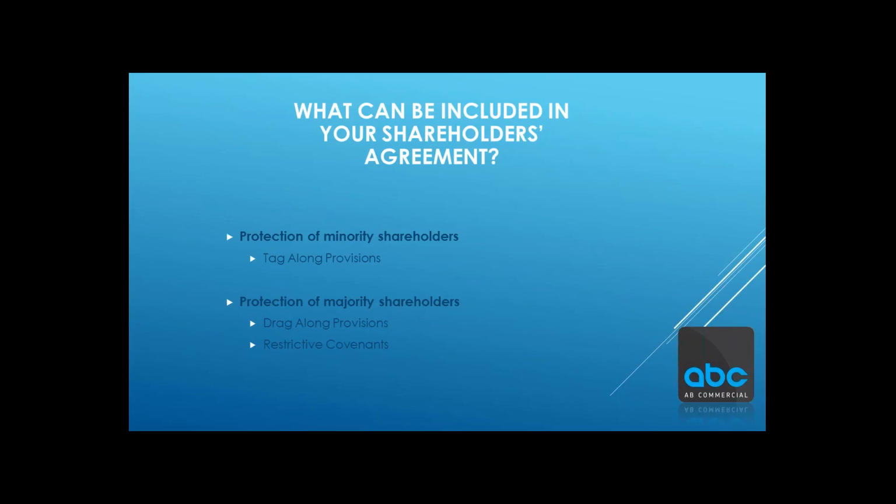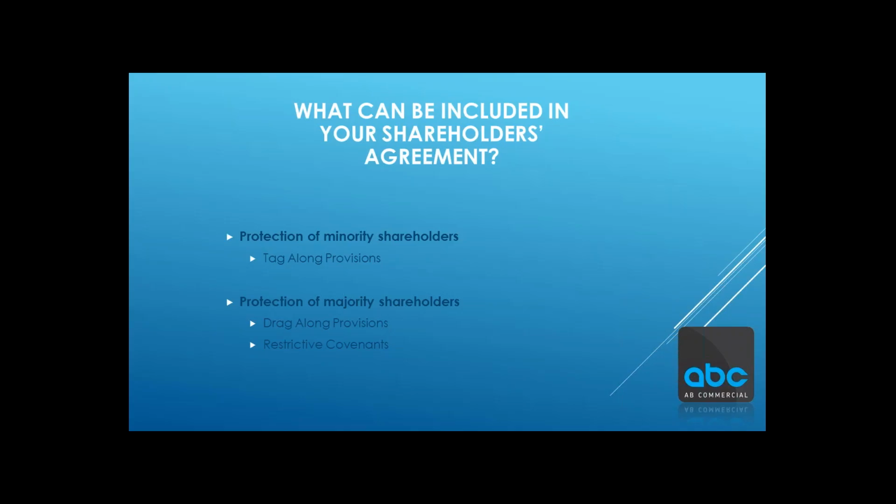Majority shareholders also have much to gain from having a shareholders' agreement in place. Shareholders may have differing opinions regarding the value of their business and when to sell. Even if they have agreed to sell, they may still find themselves in disagreement over the terms or exact timing of a proposed sale. To address this, shareholders' agreements commonly include what are called drag-along rights.